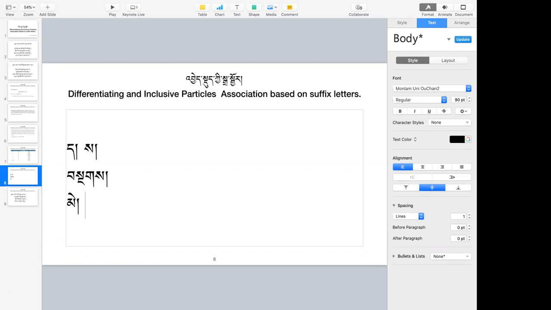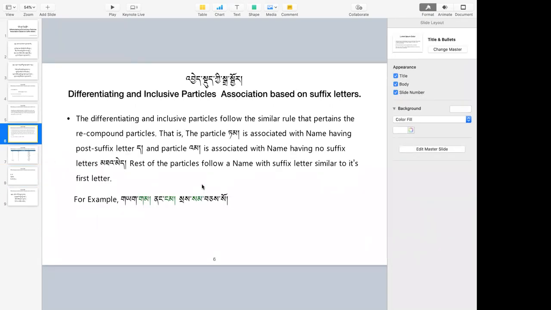So words like me, mi, so, ra, these are names, meaning these are words. When associated with the differentiating and inclusive particle, they will be followed by hum, because these are known as tame.